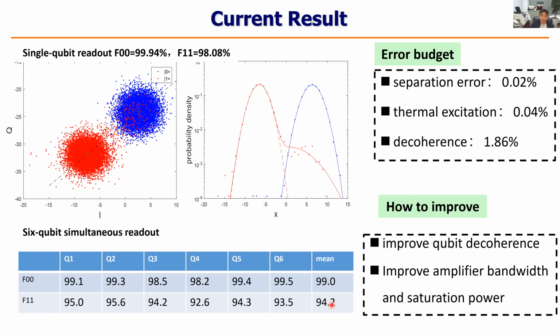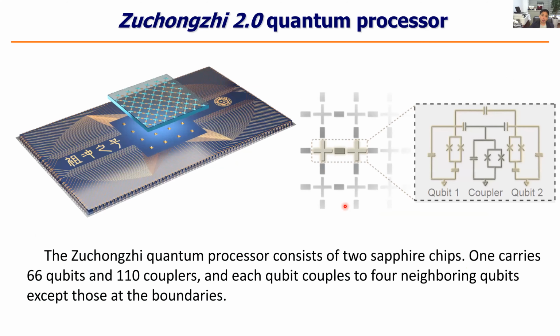Okay, finally, we composed all of these techniques. We integrated 66 qubits and 110 couplers. In fact, each of the couplers is exactly the same as a qubit. So in fact, we totally control 176 qubits, and for the 66 data qubits, we can have very high control precision.